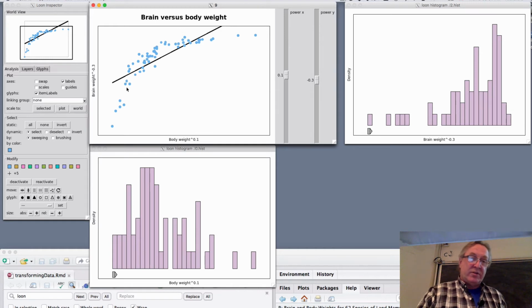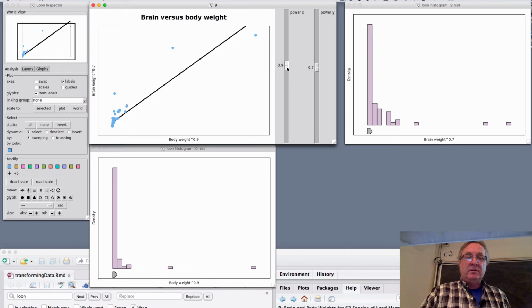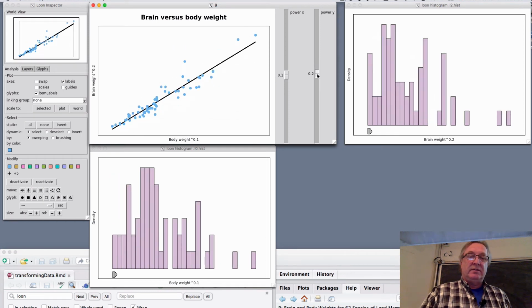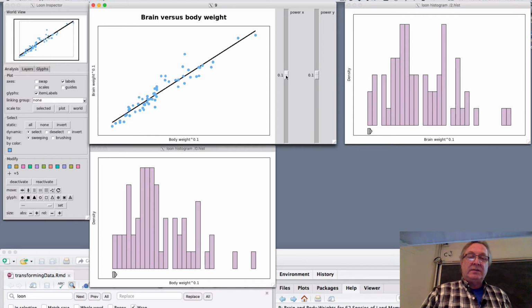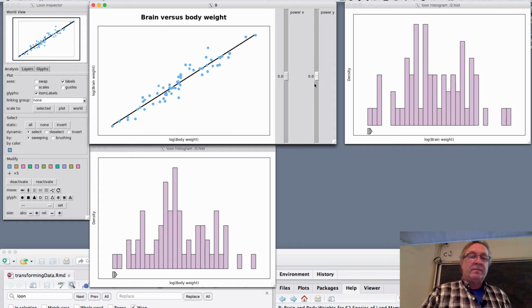So I've got this curve going up to the top left, and if I moved it this way, I've got it pointing to the bottom right. Okay, so I've got these two sliders that I can move around with trial and error, maybe get something that is starting to look like something I might want to fit a straight line to.